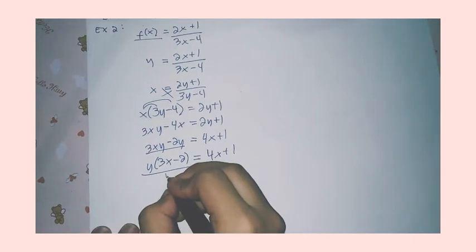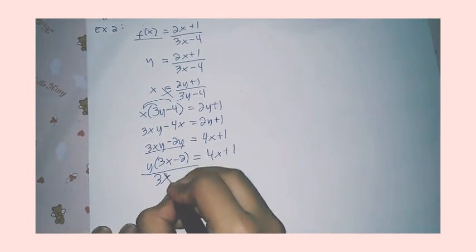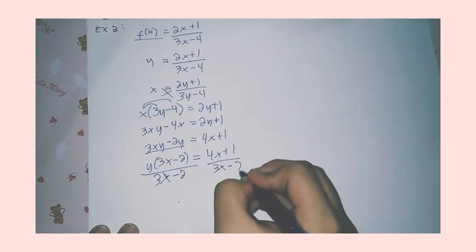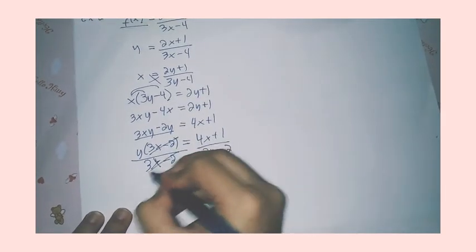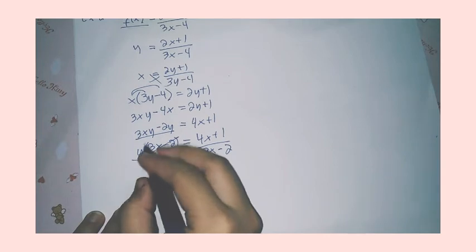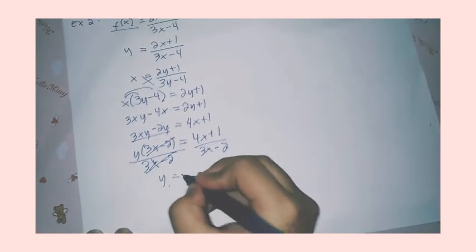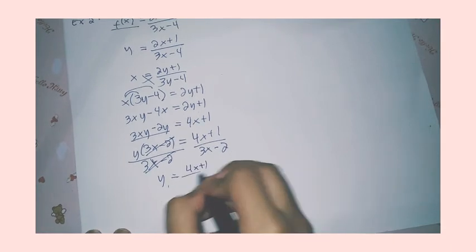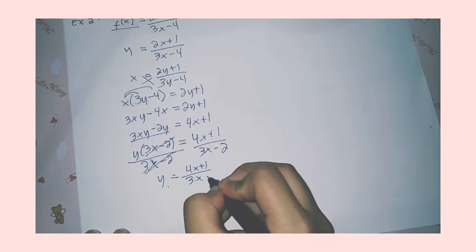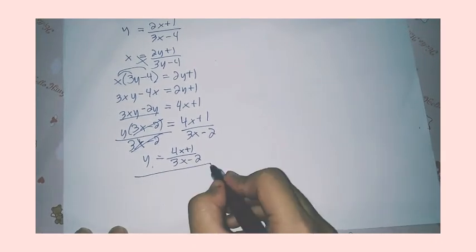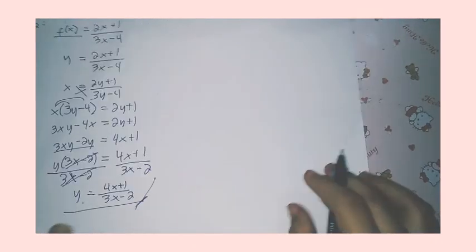Divided by 3x minus 2. Then 3x minus 2, so that it cancels. Cancel. What remains here is y. y is equal to 4x plus 1 over 3x minus 2. We found the inverse.